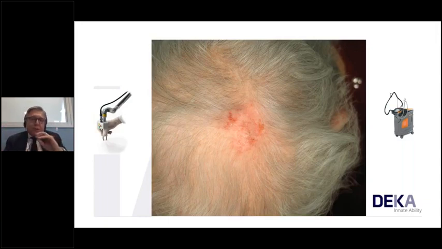This is very interesting because it's one of the cases where we use a fractional plus pulse dye, but the fractional is used like a sort of adjuvant, a sort of helping laser to the pulse dye. It's well known that pulse dye laser is one of the tools that we use in basal cell carcinomas.